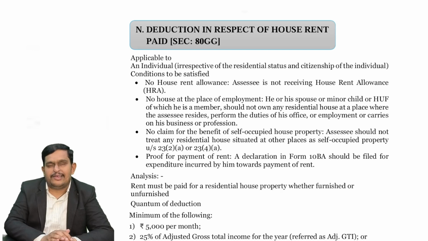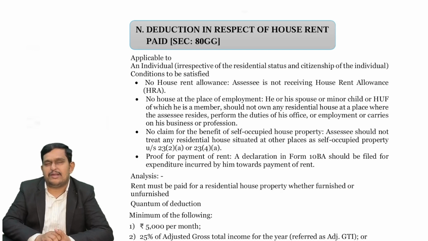But you don't have any self-occupied property in your name. You are not the owner of any other property in any other place. And you pay the rent and you submit the 10BA form stating whatever rent you paid, giving the details of the rent paid. So if you satisfy these 4 conditions, then you are eligible to claim deduction of rent paid under section 80GG.